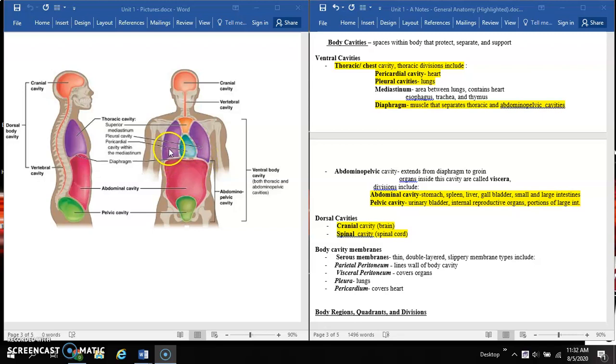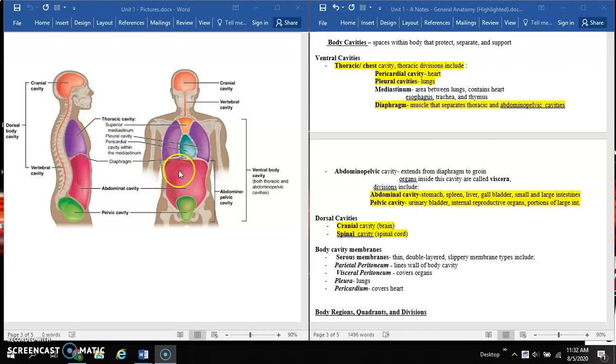So the thoracic cavity's lower side is bounded by this diaphragm muscle, which you're going to see plays an important role in your breathing process. And then the ribs and the tissue and muscle around them provide the outer boundaries on the sides here.